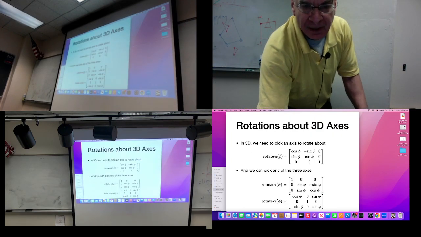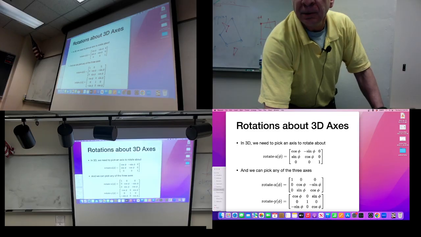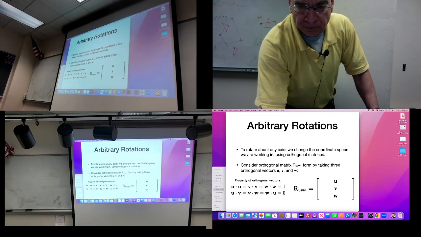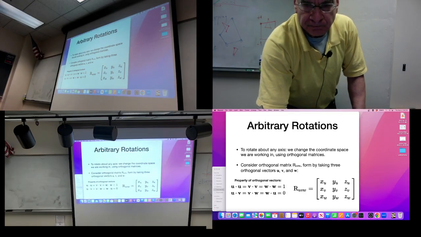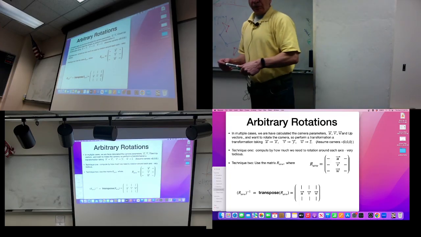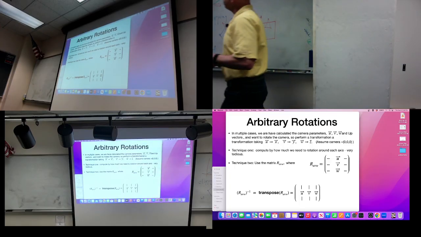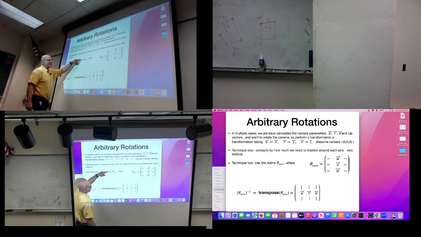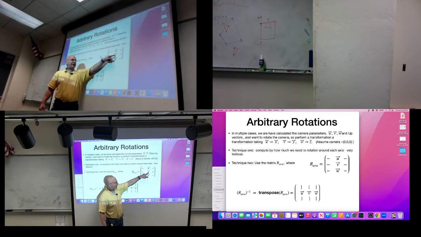This will be the boring tool, and I don't want to make it any more complicated than I have to. You want to do rotation around an arbitrary axis? Just think about the matrix R of U, R of V, R of W.